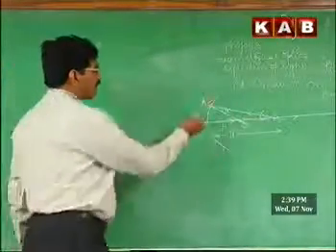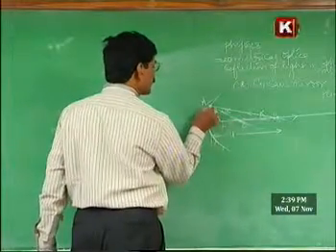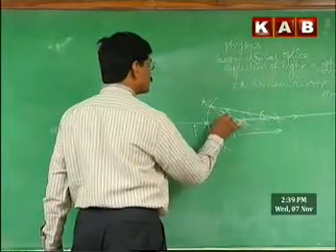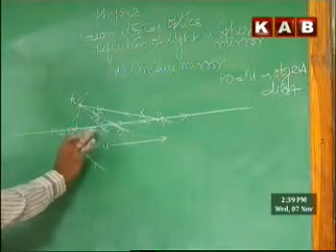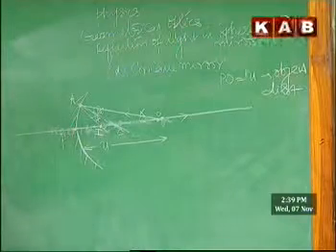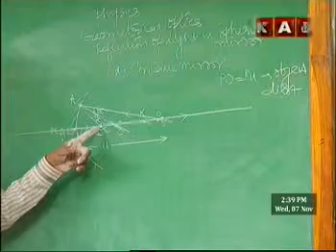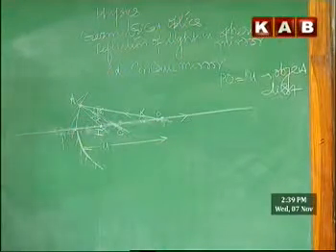And we draw a line after reflection, so let it go like this. This is also theta I, since theta I is equal to theta R. Therefore the image is going to be formed here. This is the image location. When the object is somewhere here, the image is formed here. For a point object, a point image is formed.